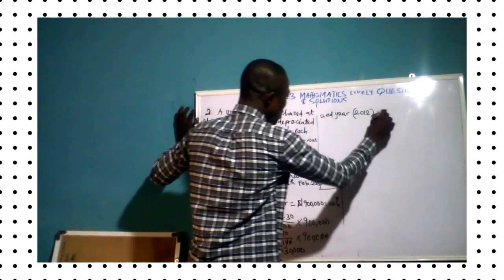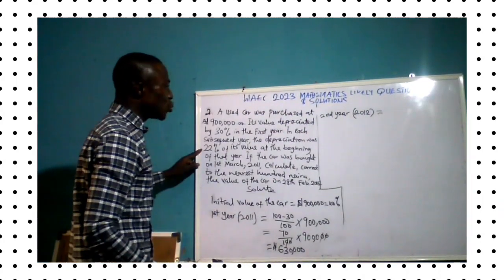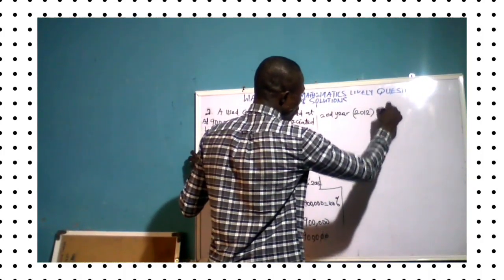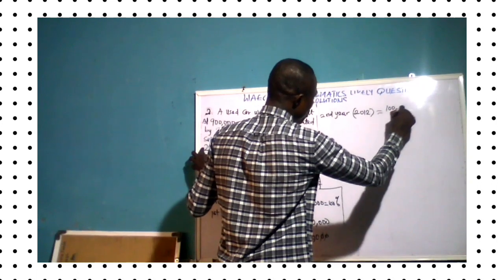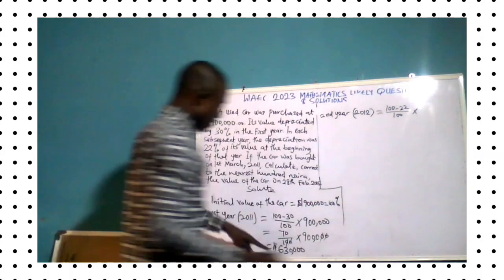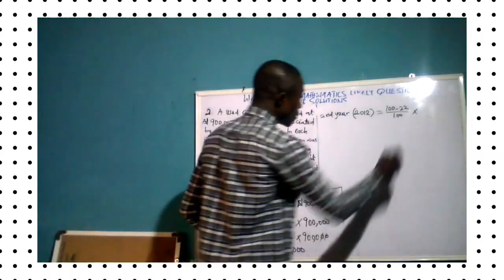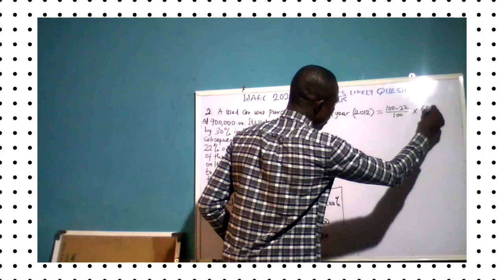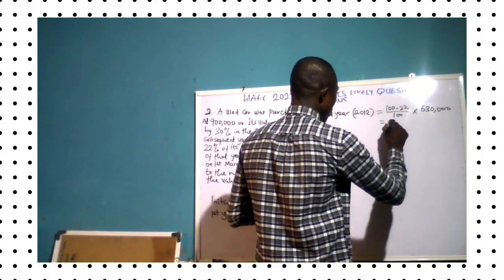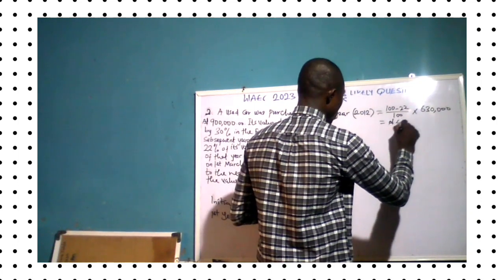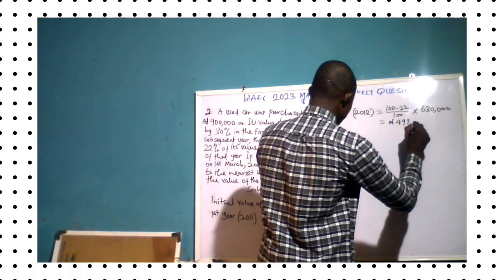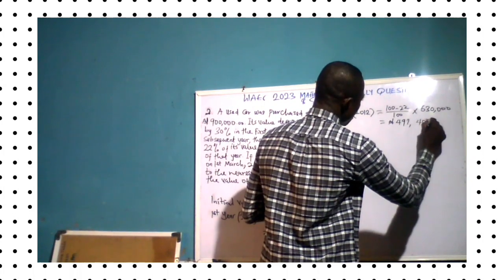The value has depreciated by 22%, that's 100 minus 22 all over 100, multiplied by its previous value, which is 630,000. That gives us 491,400 naira.